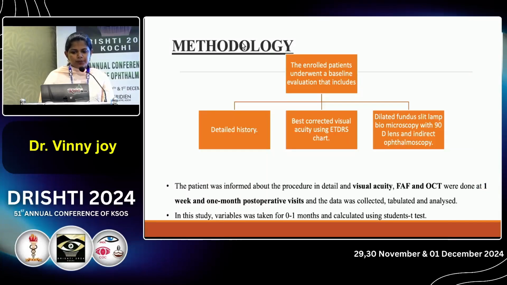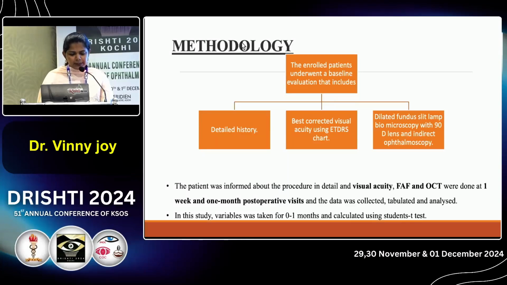Methodology: the enrolled patients underwent a baseline evaluation that included detailed history, best corrected visual acuity using ETDRS chart, dilated fundus examination with 90-degree lens and indirect ophthalmoscopy. These patients were informed about the procedure in detail, and visual acuity, fundus autofluorescence and optical coherence tomography were done at 1 week and 1 month postoperative visits, and the data was collected, tabulated and analyzed.